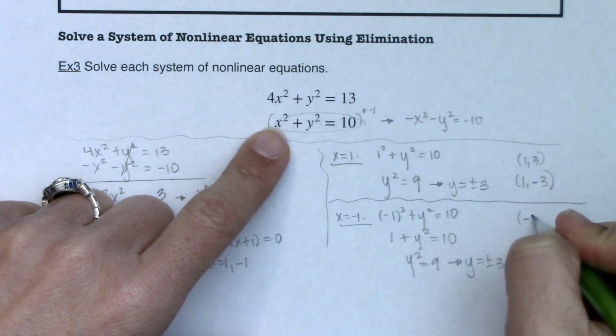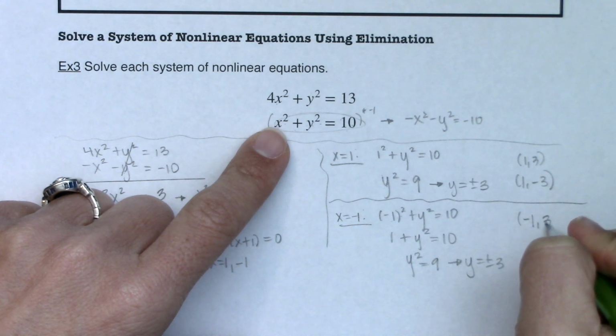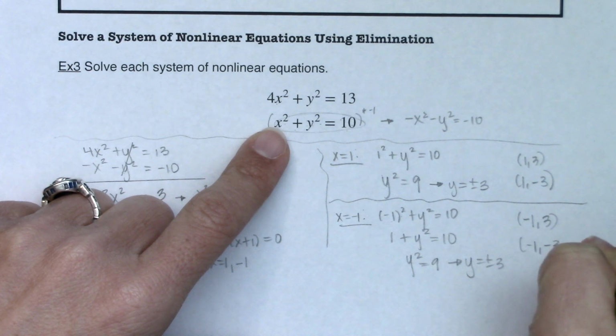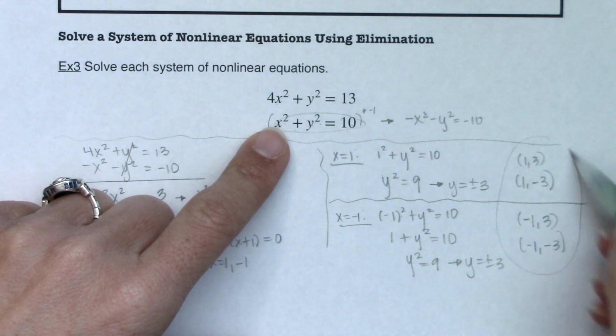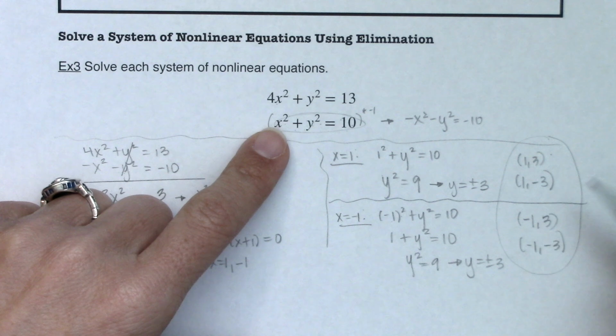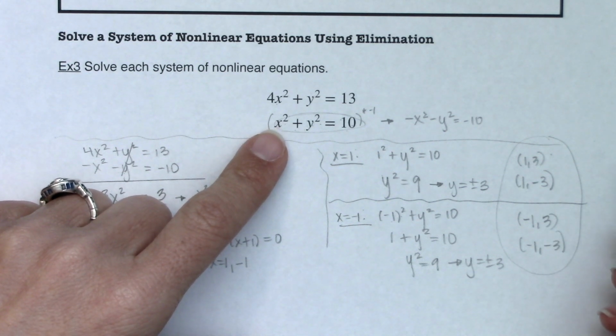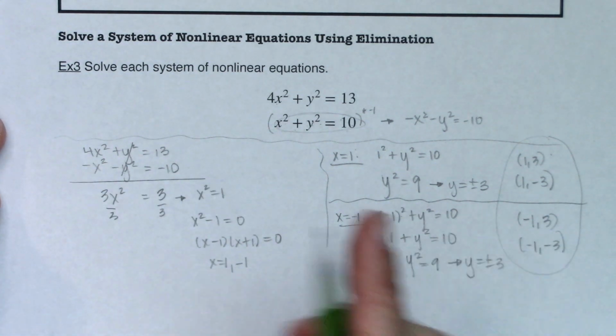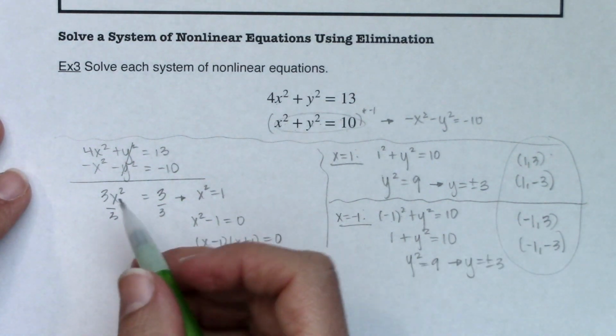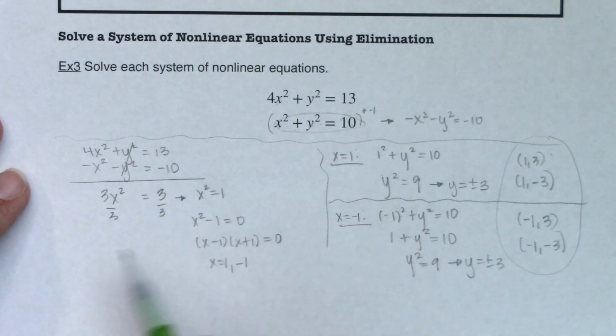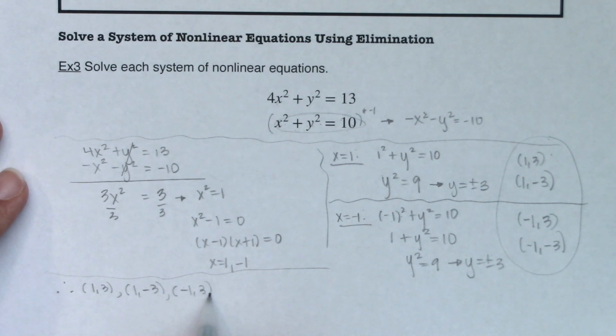So I actually picked up two new ordered pairs, -1, 3, and -1, -3. So these 4 points wind up being the 4 solutions to my system of nonlinear equations, right? So if I have some space, I think I do, let me put one more little separation bar. My end game answer here looks like it was 1, 3, 1, -3, -1, 3, and -1, -3.